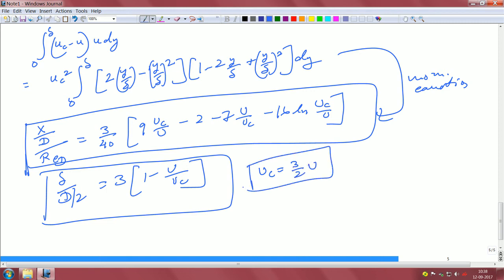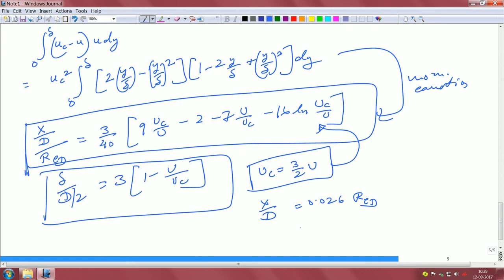That means the center line velocity becomes 1.5 times the mean velocity. If we substitute that in this expression, because they all are combinations of uc and u, then this expression yields x by d equal to 0.026 times Reynolds number d.